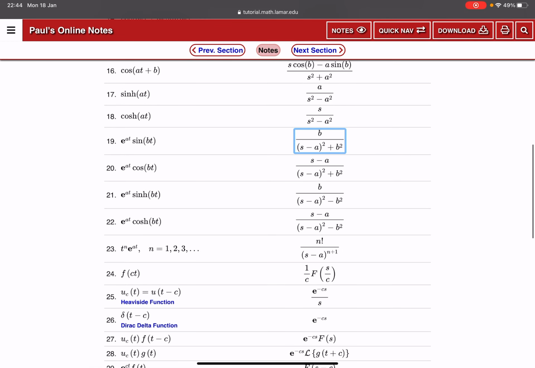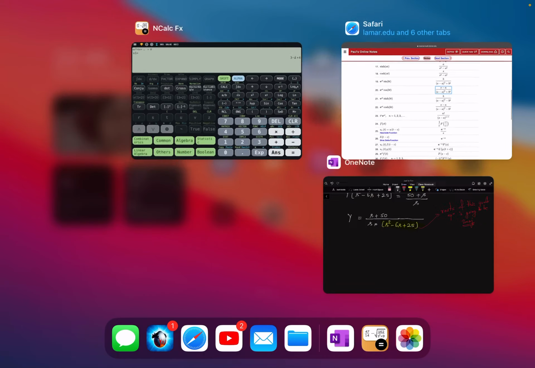If we can find a structure like this, then we can apply the inverse Laplace, and we'll get the answer in cos, or exponential sine, exponential cos, something like that. That's why we need a structure like this. To get a structure like this, we need to apply partial fractions, and that's what we are going to do here.